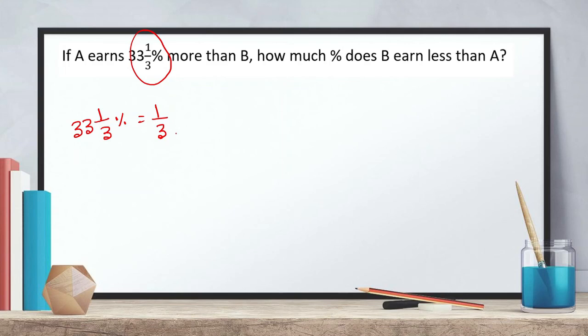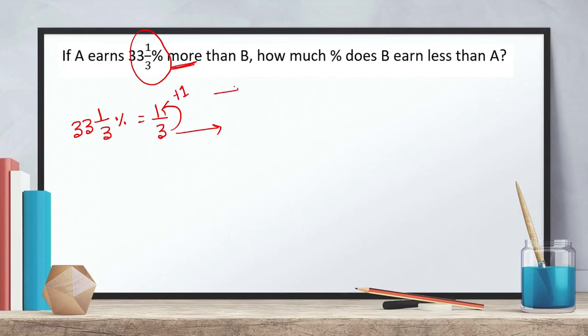And 3 here is the original and 1 is the increment or decrement. We can say that here it is more, so that means it is increment, that means plus 1.